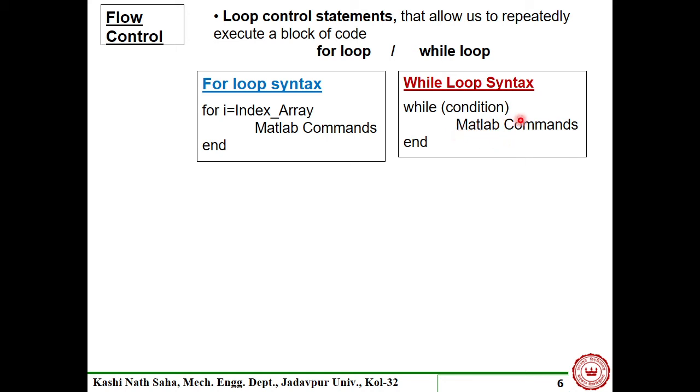And then you should be careful that there is some statement here which will make this condition false. So this is a danger with using the while statement. So you have to ensure that there is a statement within the while loop such that the condition becomes false. Otherwise, you cannot come out from this while statement.